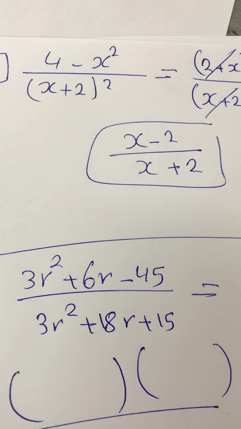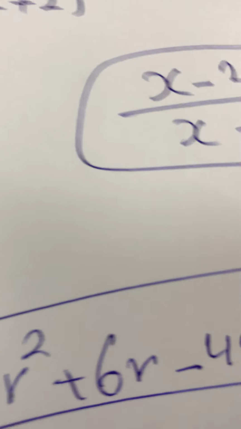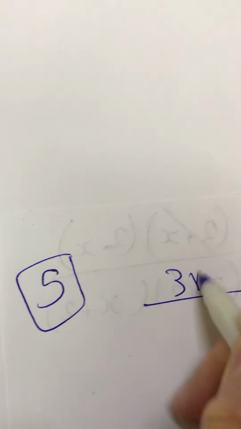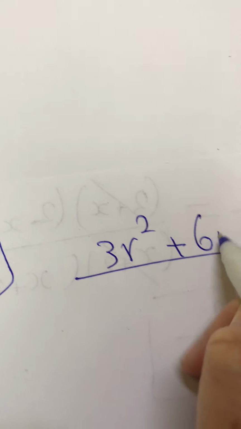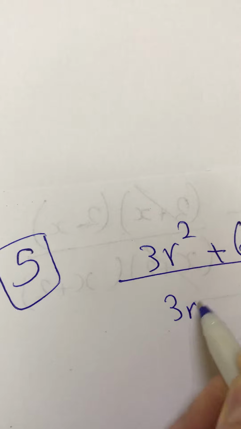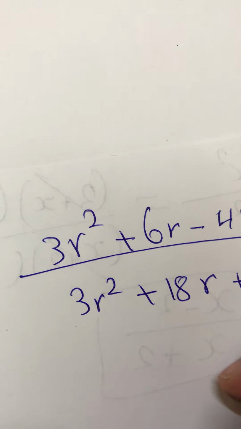Oh, but in the beginning, before I open brackets, let's start it another time. I'll rewrite it again. Okay, here, number 5. Again, we have 3r square plus 6r minus 45 over 3r square plus 18r plus 15.